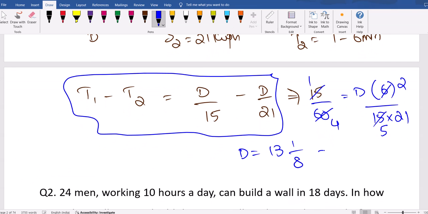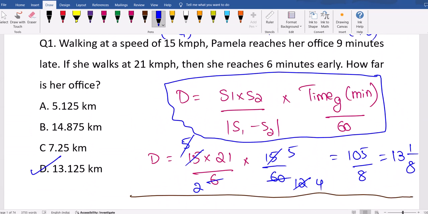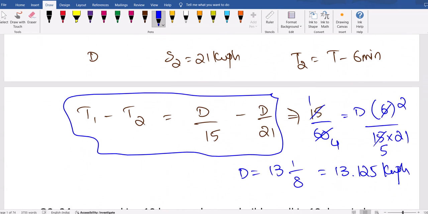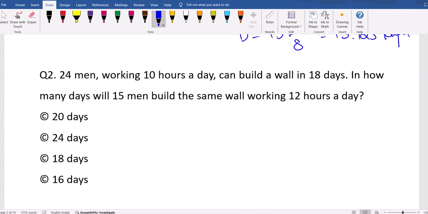In 13 something, only one option is available. So that's the formula and how it was generated, the analysis. Like that, for anything you can develop the formula. Now see the second question.